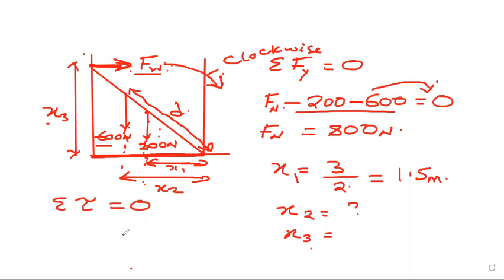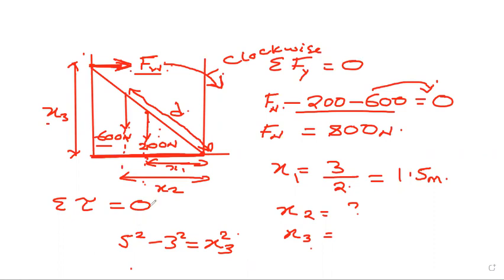What will the Pythagoras theorem be? 5 squared minus 3 squared is equal to x3 squared. Wonderful.